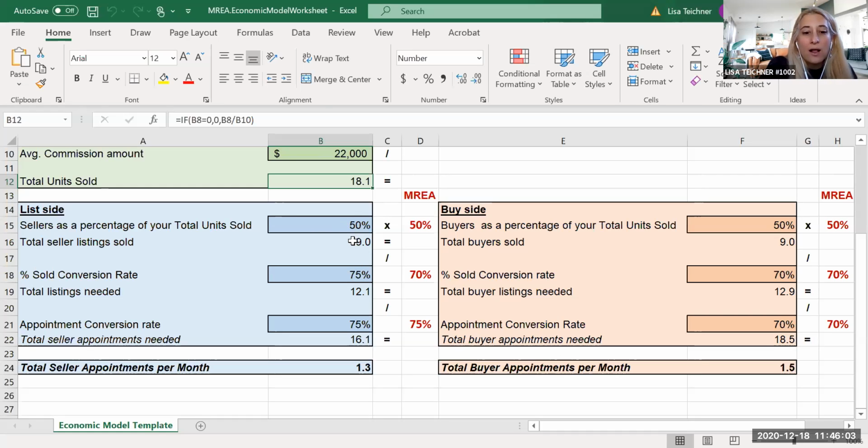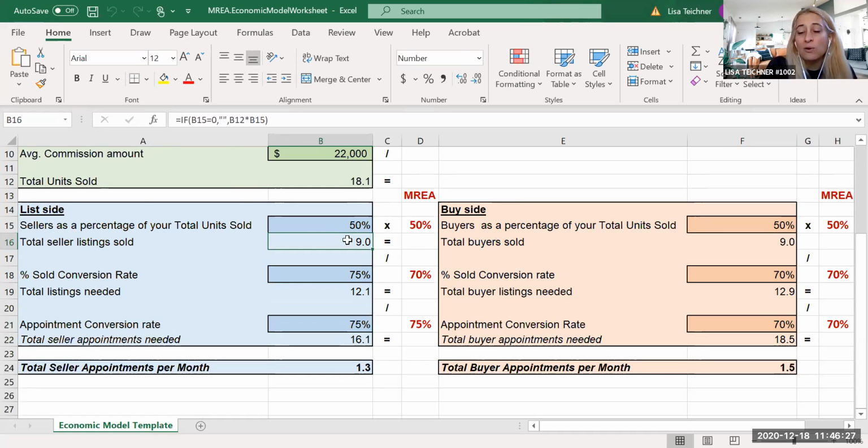So I need to sell 9 listings, and my conversion rate from what I take in listings to what I sell is 75%. So I need to take 12.1 listings to sell 9. And then my conversion rate from appointments to listings taken is 70%. So I need 16 appointments to get 12 listings to sell 9.